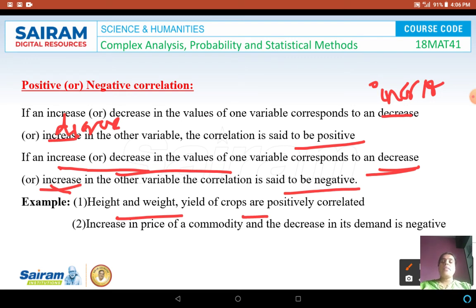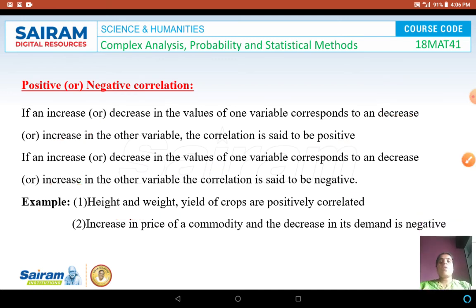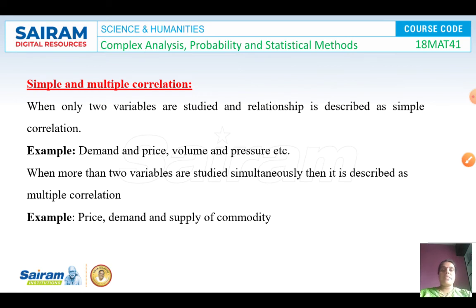So we say internet data and its cost are positively correlated. To give an example for a negative correlation, as the mobile usage increases, the battery in the mobile is going to decrease. That is an example of a negative correlation. In this way we can define positive and negative correlation, and you can also give a number of examples in that way.